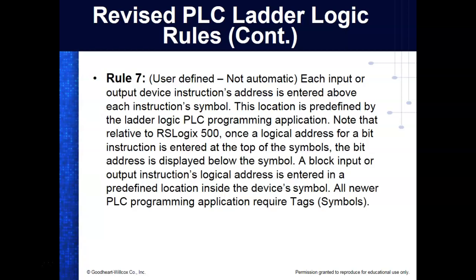This location is predefined by the ladder logic PLC programming application. Note, relative to RS Logix 500, once an address for a bit instruction is entered at the top of the symbol, the bit address will automatically pop down below it.